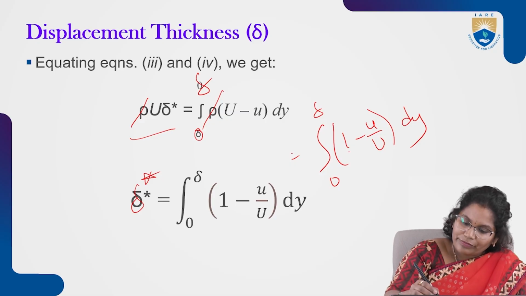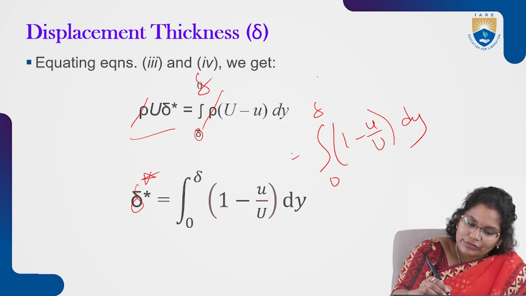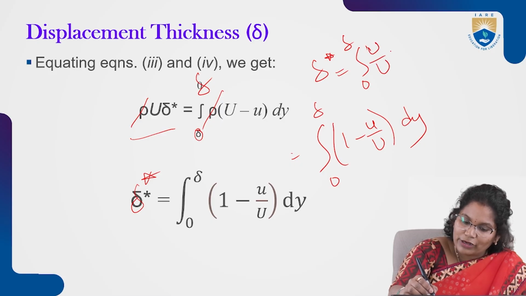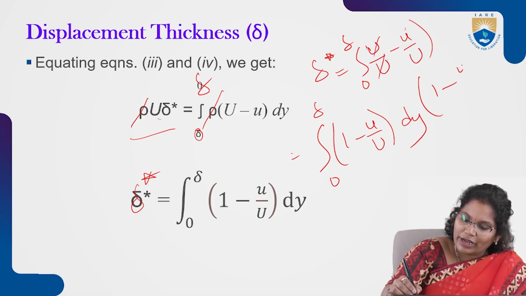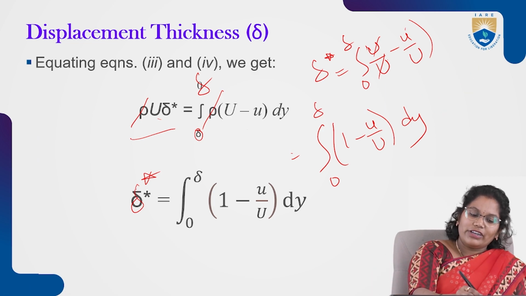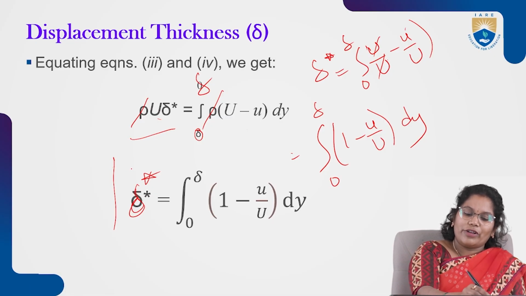That is, delta star is the integration of capital U by capital U minus small u by capital U, because U comes to the denominator. So this becomes 1 minus small u by capital U. For displacement thickness, delta star is equal to the integration from 0 to delta of 1 minus u by capital U into dy.